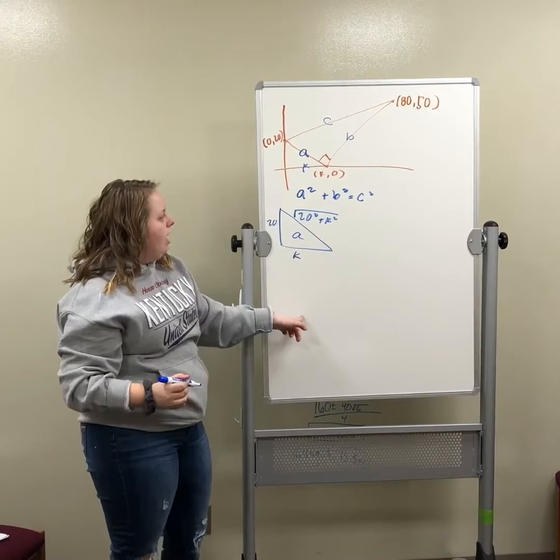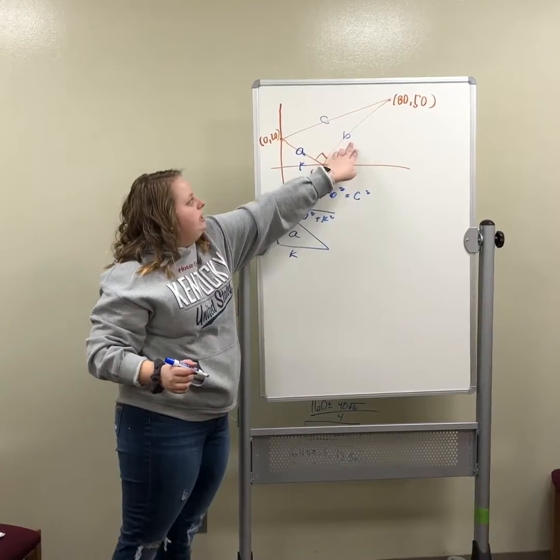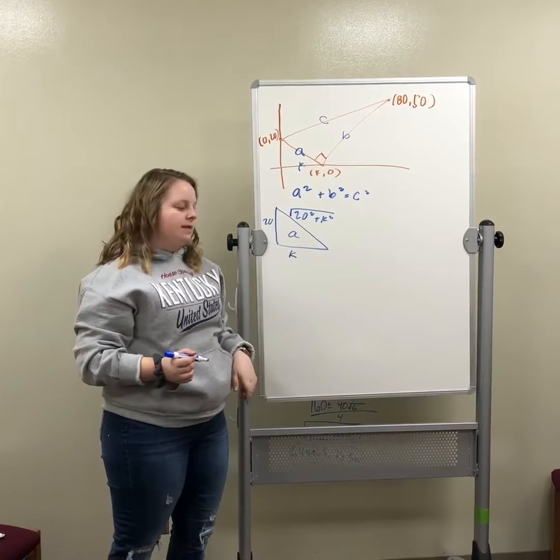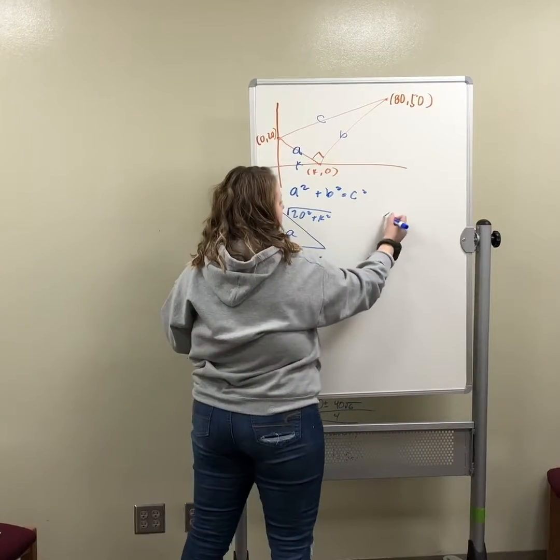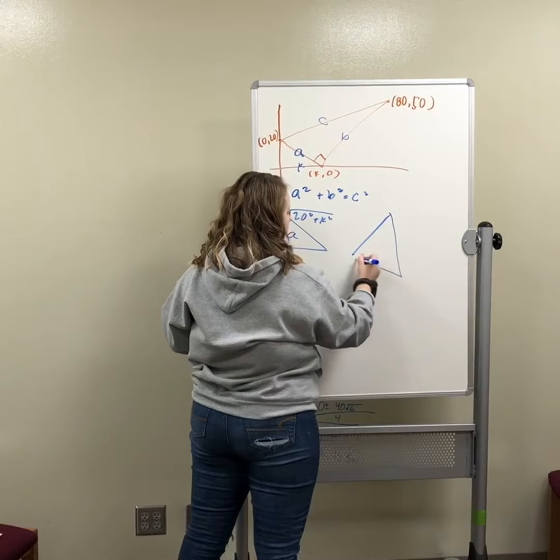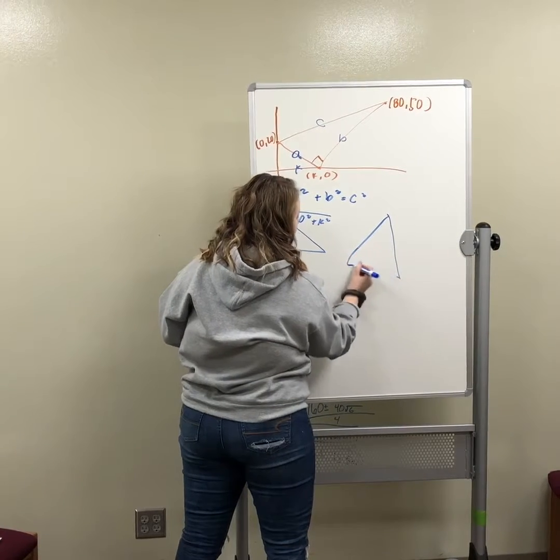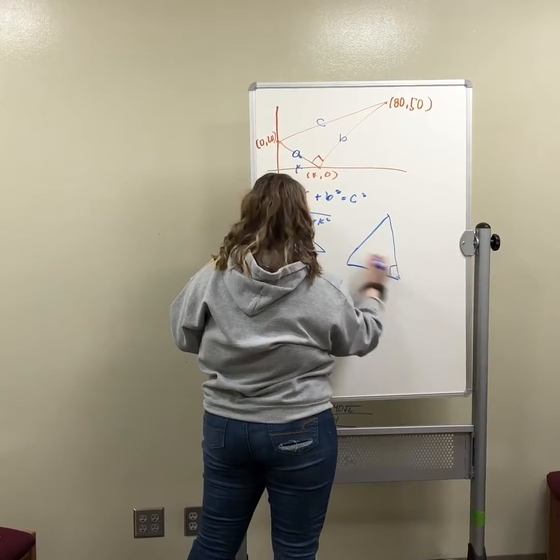And then we also have to solve for this one right here, because this is not going to give us an exact value. So we're going to pull that triangle apart right here too. Okay, and so this is also going to be a right angle.